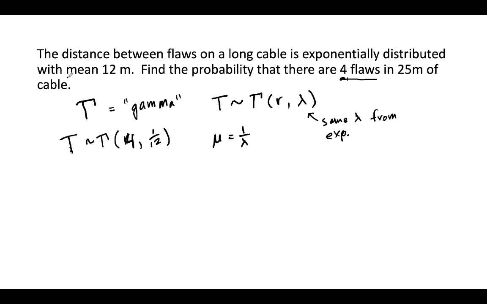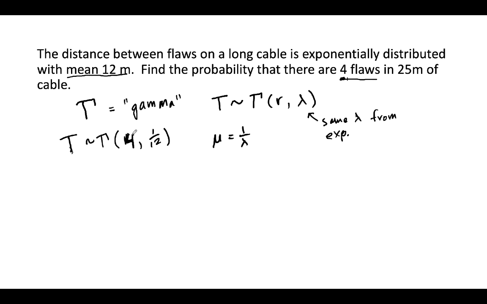We're given that, so we find lambda using this little formula. Now note, this lambda is not the average for 4 flaws. This is the average for 1 flaw, the same lambda from the exponential version of the problem where there's just 1.